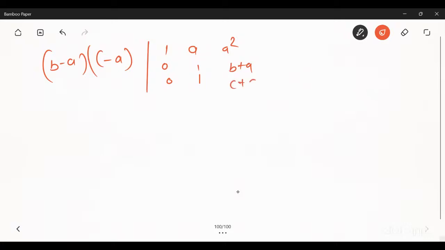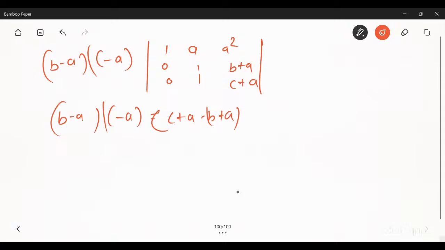So the value will become b minus a, c minus a, and c minus b. Taking minus common, so a minus b, b minus c, and c minus a, equal to RHS. I have taken minus common from this, so minus 1 will become 1.